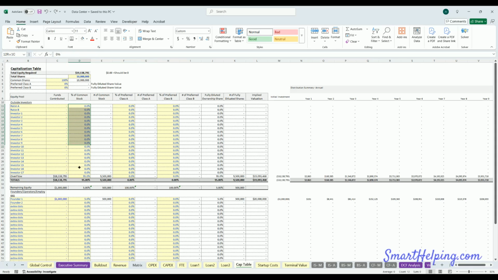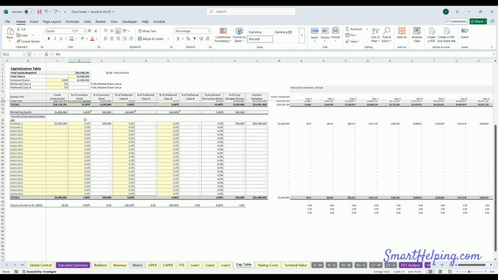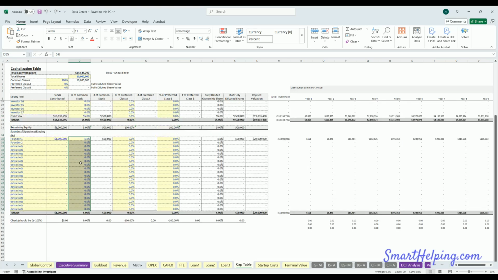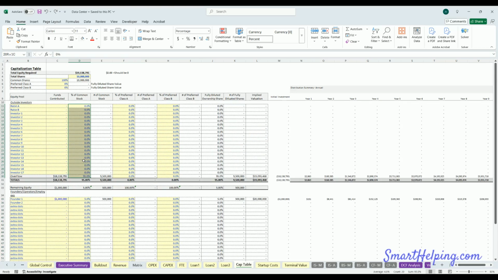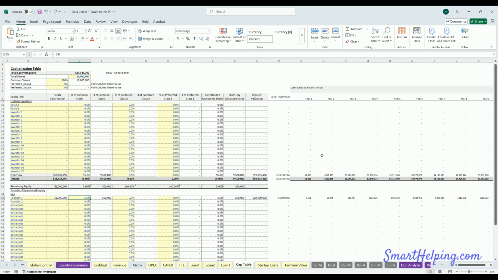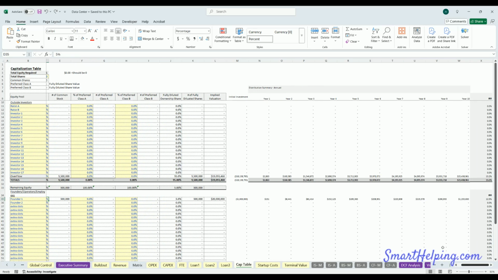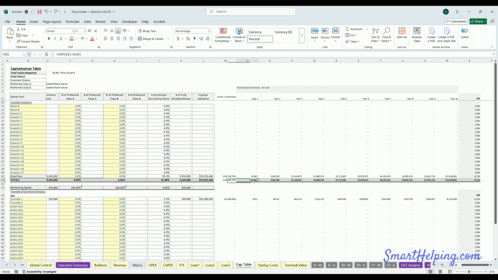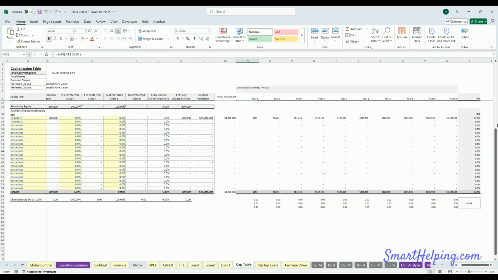Then you can put the percentage of the company that each investor is getting, and the total of these 2 columns should always add up to 100% when you add them together. So here we have 95%, 5%. You've also got cash flows going to each individual and total inside and outside, essentially investor or owner, and their IRR.